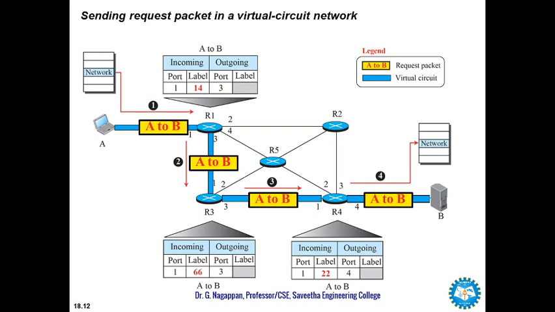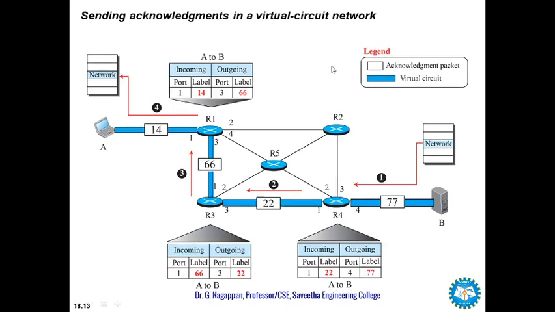This process continues until it reaches the destination, and destination B receives the setup packet. If it is ready to receive the packets from A, it assigns a label to the incoming packet that comes from A. In this case it is going to be, let us see about the acknowledgement.